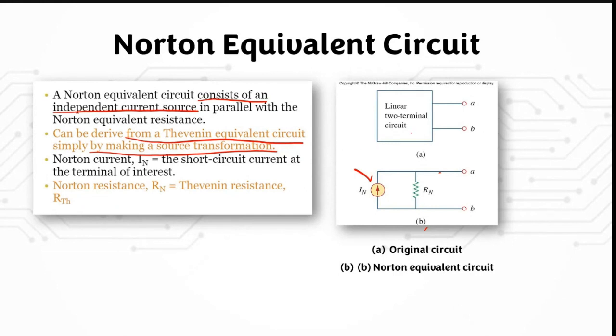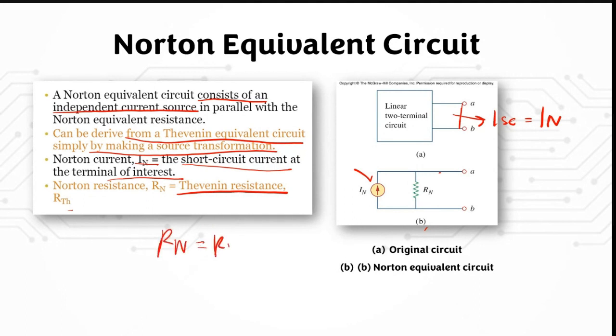It's just vice versa from the Thevenin into the Norton theorem. So the Norton current is IN, which is the short circuit current at the terminal of interest, ISC, which is equal to IN. The Norton resistance, RN, is equal to the Thevenin resistance RTH. So RN equals RTH.